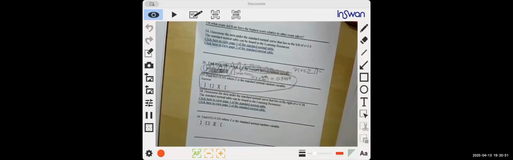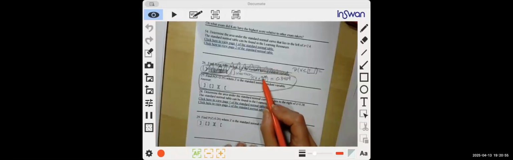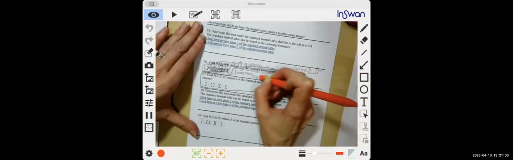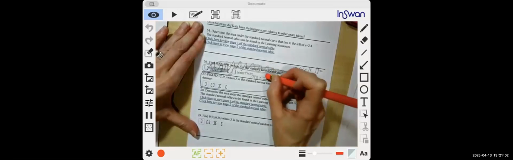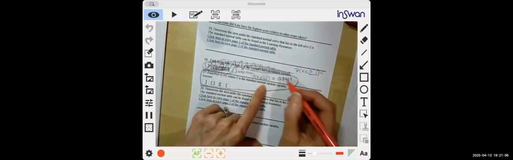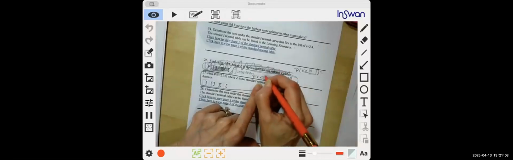That makes sense. Oh, you know what though? Oh, so that was not right. No, this is, sorry. If you do this in the applet, I wrote the wrong thing here, but this is the right thing for negative 0.41.